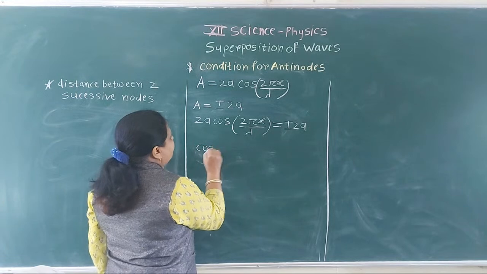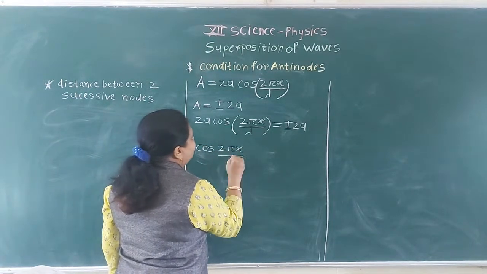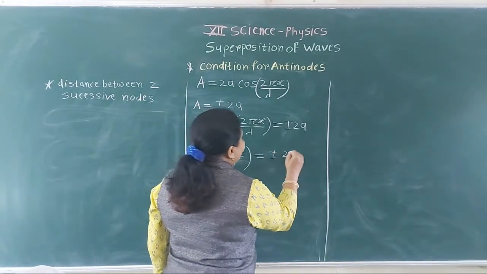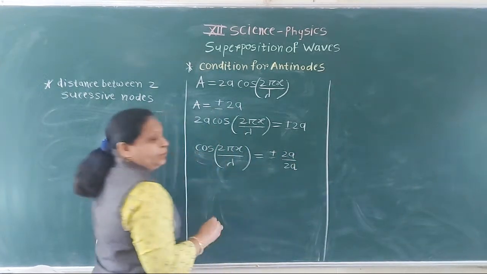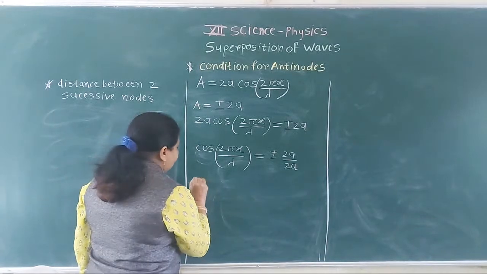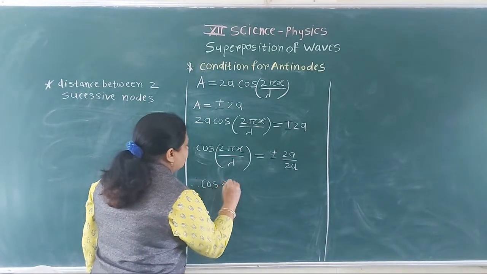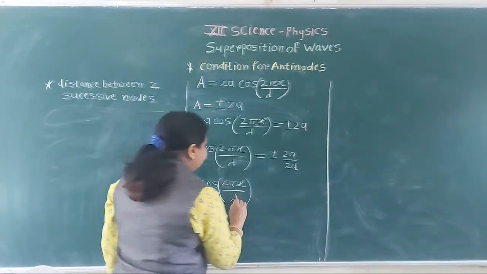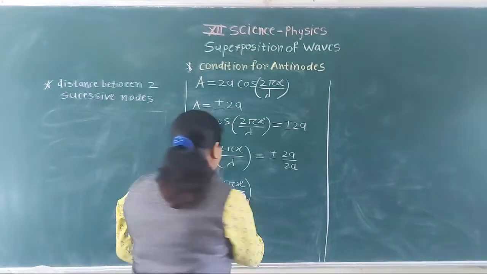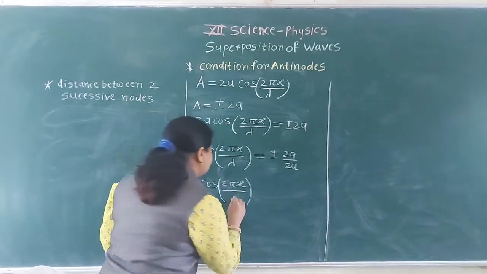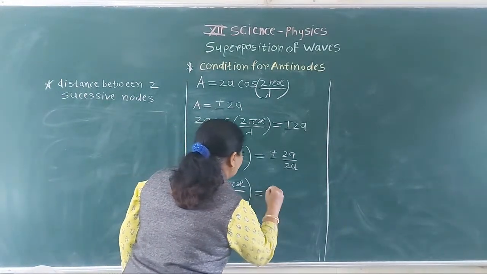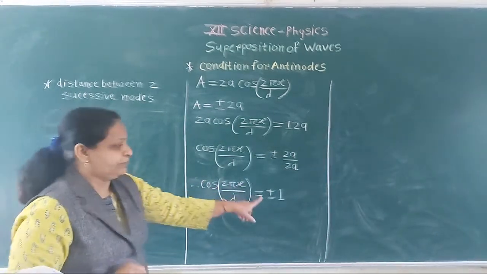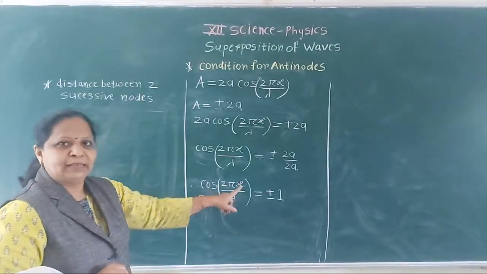Then cos of 2 pi x upon lambda is equal to plus minus twice a upon twice a, which becomes plus minus 1.